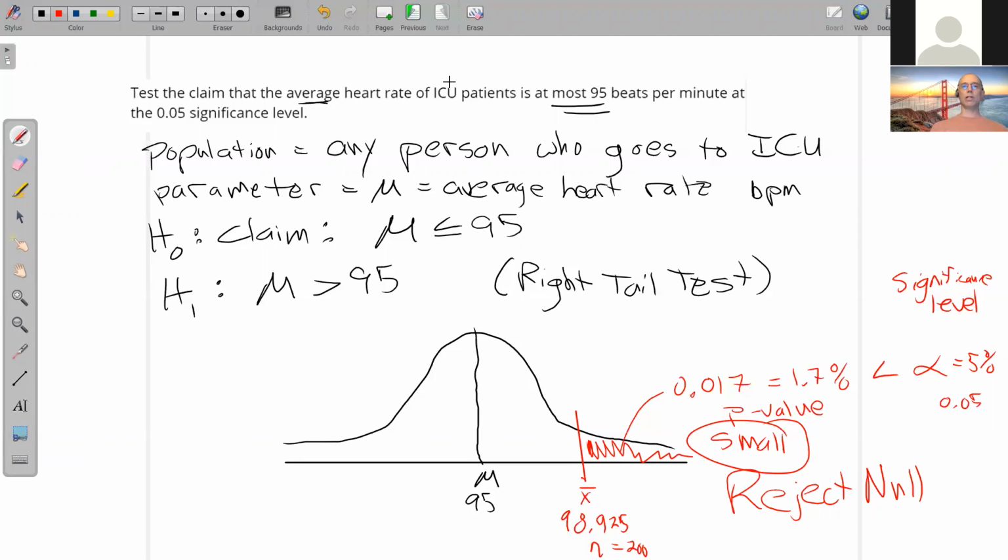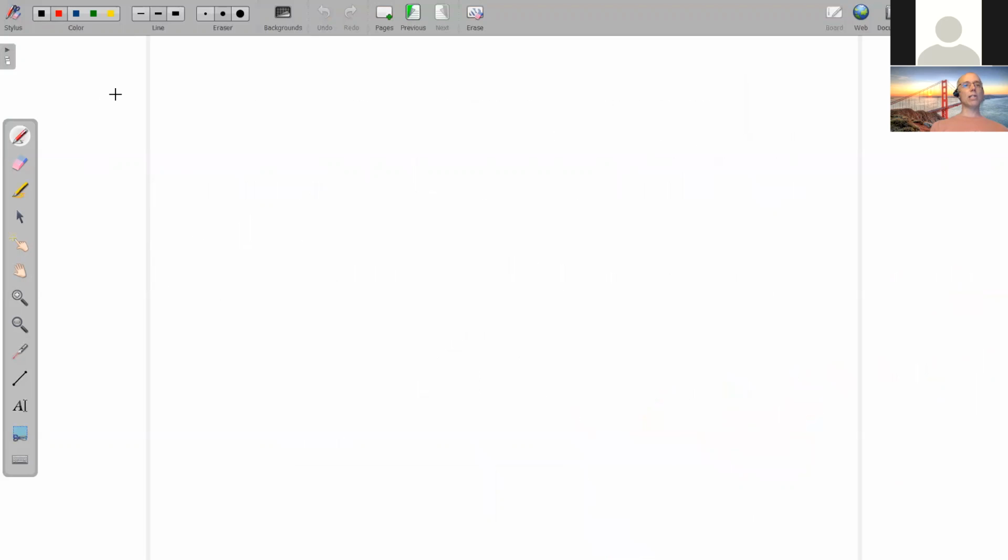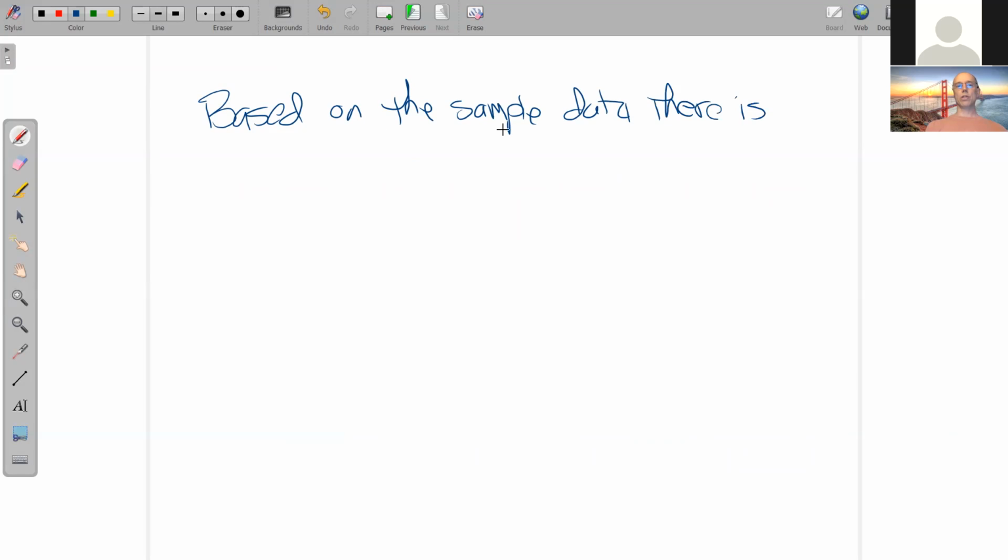So before I go and push some buttons on the homework problem, I'm going to try to write it myself. I recommend you try to do the same. If you're feeling at a loss about how to write that up, then read those and try and write something in similar language. All right, so let's see. Based on the sample data, I could say, there is sufficient evidence to reject, and now we're not going to say reject the null hypothesis, because my mom's like, what the heck's the null hypothesis?